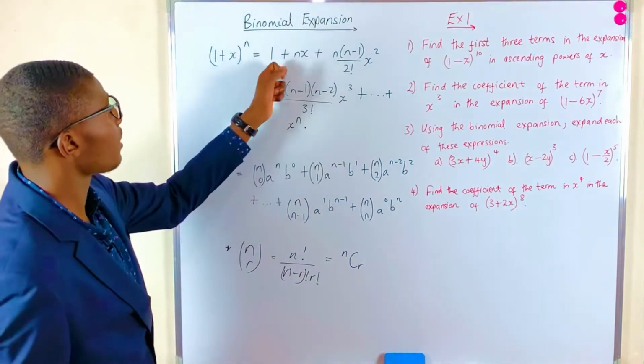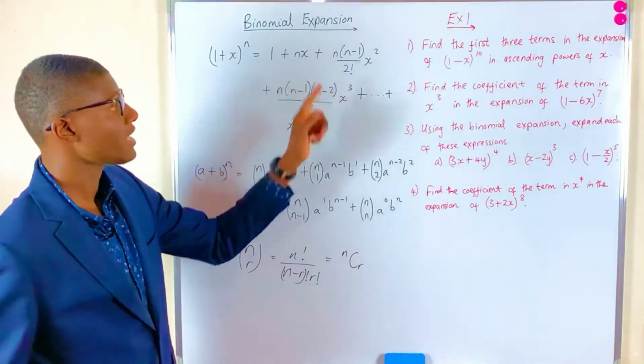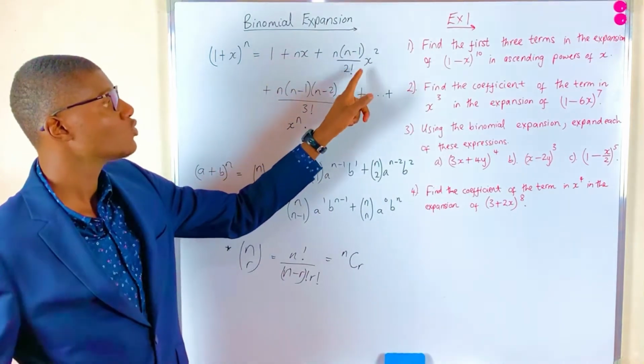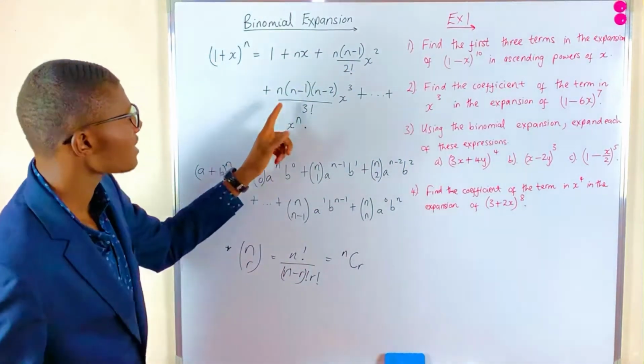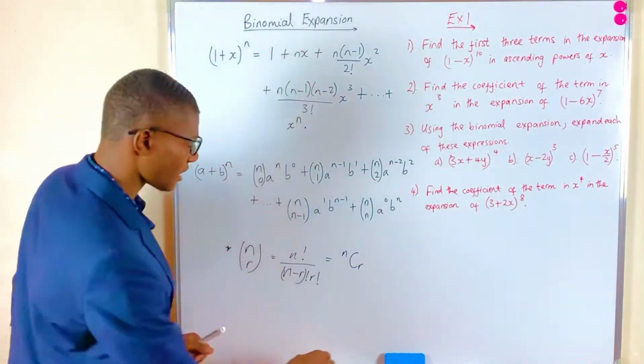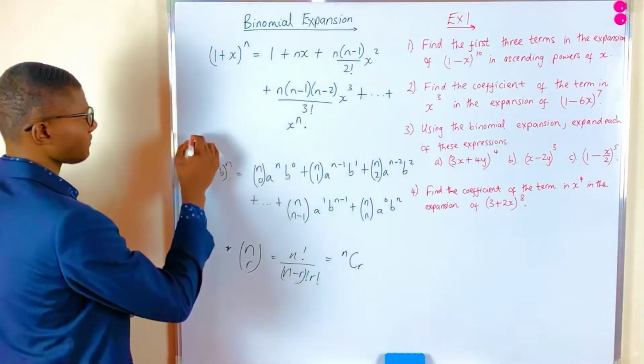So this will be 1 plus n choose 1 times x plus n choose 2 times x squared plus n choose 3. Let me write this here.